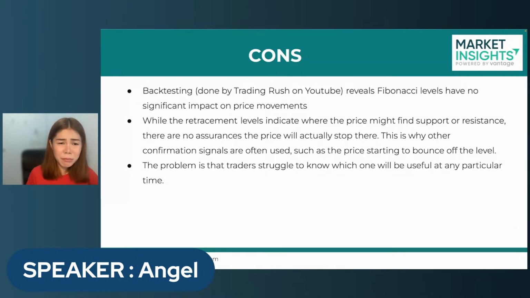But actually, the other cons are pretty much normal on technical indicators because, as mentioned, these are indicators that are not anchored to fundamental analysis. So even though technical analysis is showing us one thing, it's still fundamental analysis that's going to dictate where the price will go, whether it's up or down.